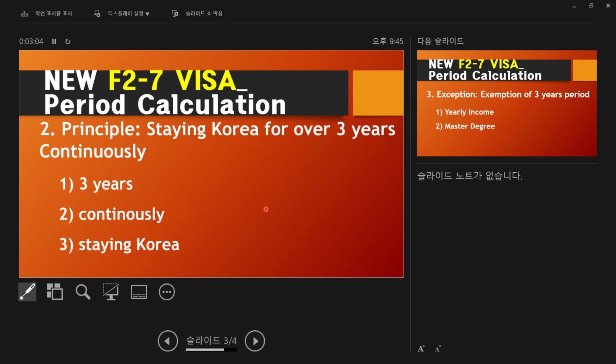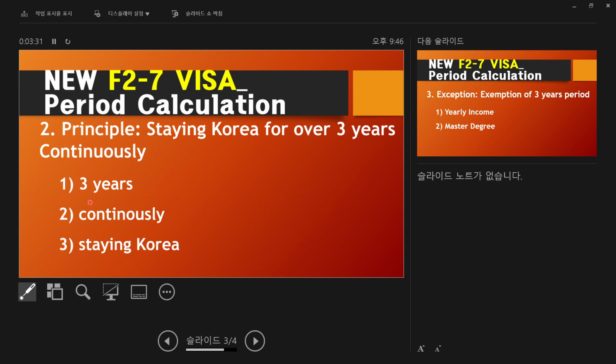The second one, we can say, is the basic principle. The important thing is staying in Korea for over 3 years continuously. So I just separate each of the conditions. You shall meet the principle of the period, right?